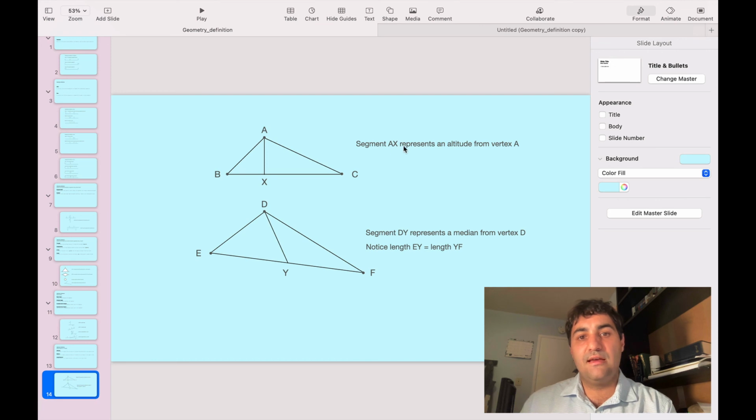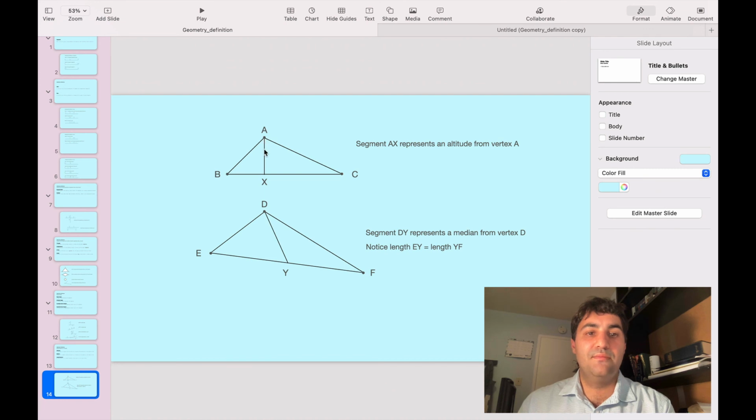So here's what an altitude would look like. You have triangle ABC, and we choose a vertex, any vertex. It could be B, C, but I chose A. We draw a segment from point A, and the side opposite to point A is segment BC.